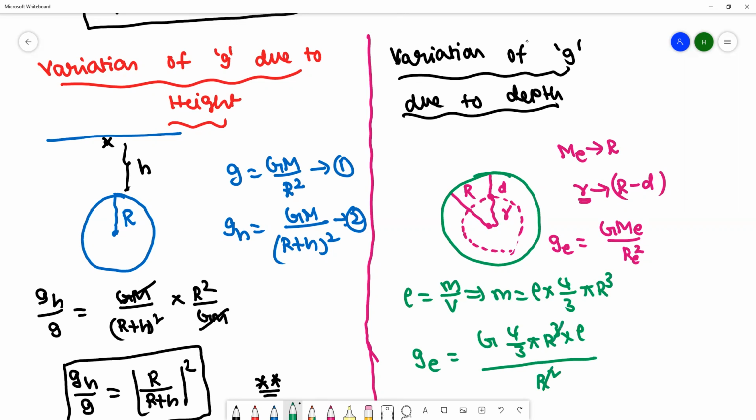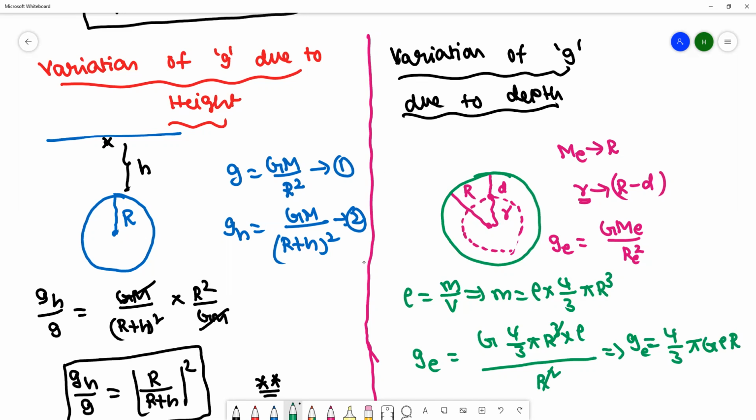The square and the cube cancel, and we get g is equal to 4/3 pi G rho R.